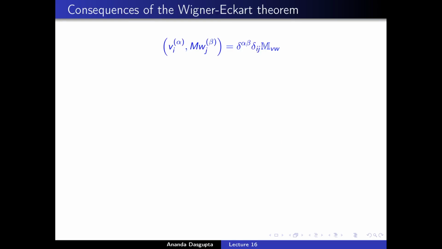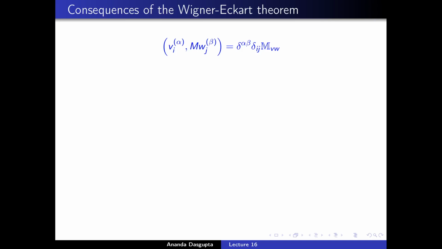Indeed, this theorem is so important that we should spend some time in looking at its consequences in some detail. Now, one of the easiest things that you would spot here is that if your original representation was actually an irreducible representation, then you can have only one value for the index representing which irrep you are talking about, that is alpha must be equal to beta.